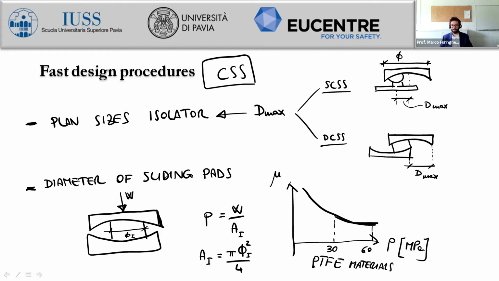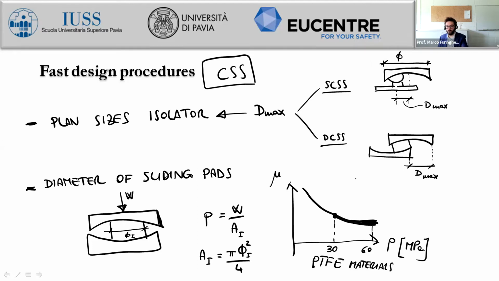But once we have an estimation of the vertical force, we can come up with the area of the sliding pad and consequently the diameter, if we assume a design value for the contact pressure, because maybe we want to consider a value which provides a fairly constant value of friction coefficient afterwards.